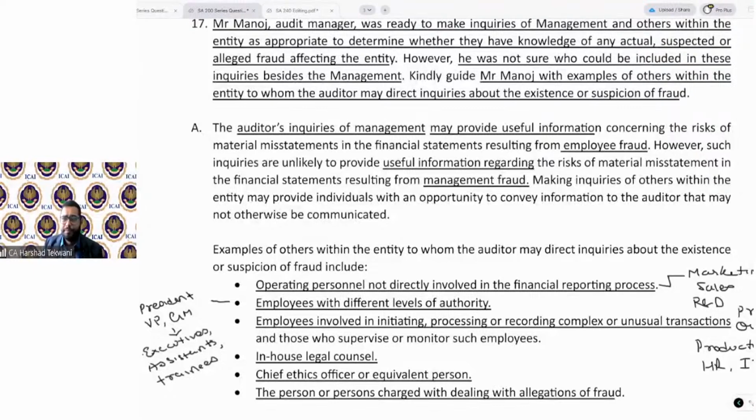Clear? So: operating personnel, employees with different levels, employees initiating complex transactions, in-house legal, chief ethics officer, person charged with dealing with allegation of fraud, for example the forensic team, and then internal audit.